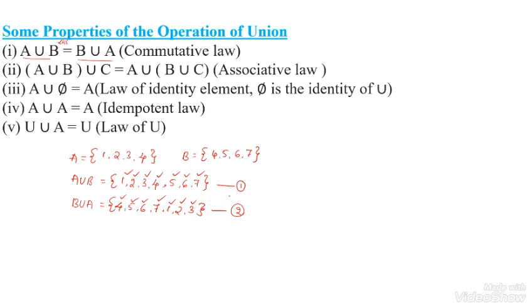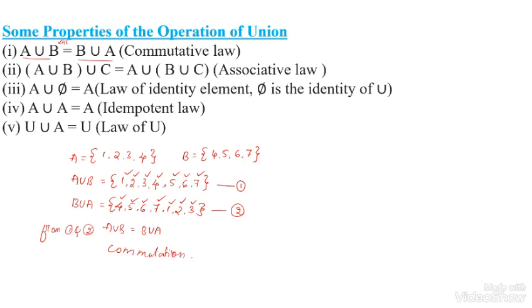Then I will say A union B is equal to B union A. From 1 and 2, A union B is equal to B union A.